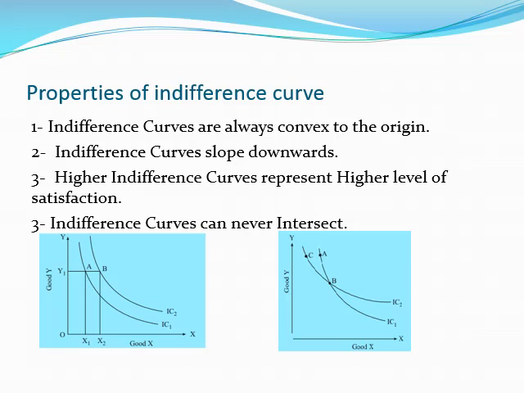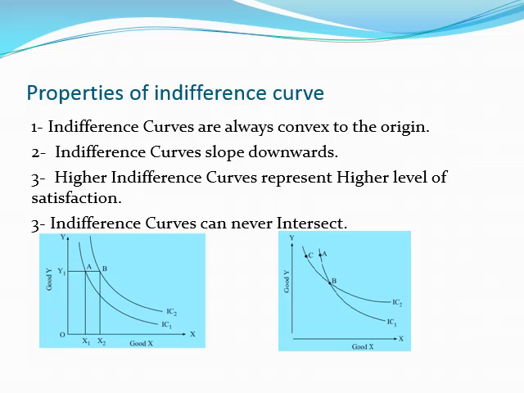This is not logical. Assume that there is combination D on IC1 and combination F on IC2.